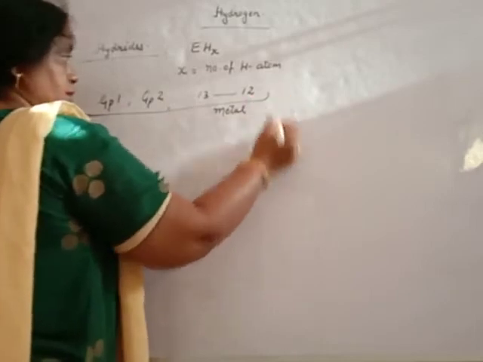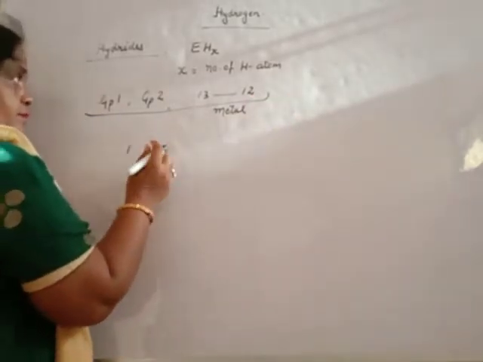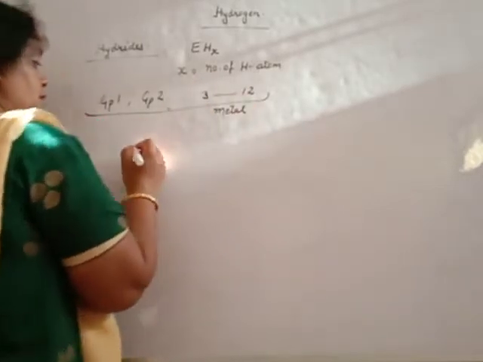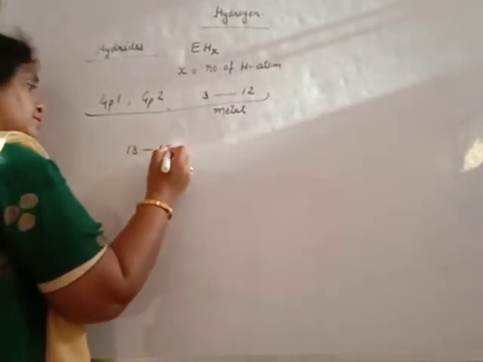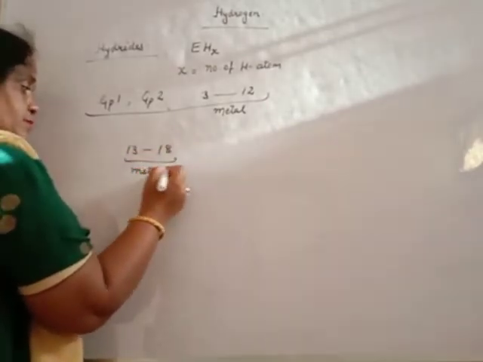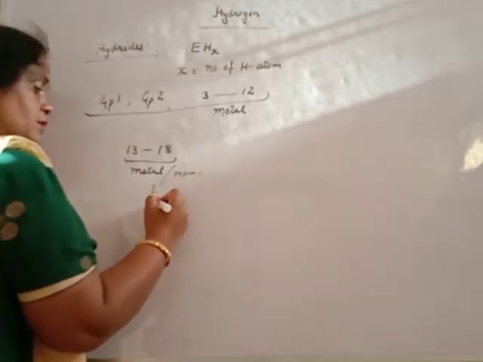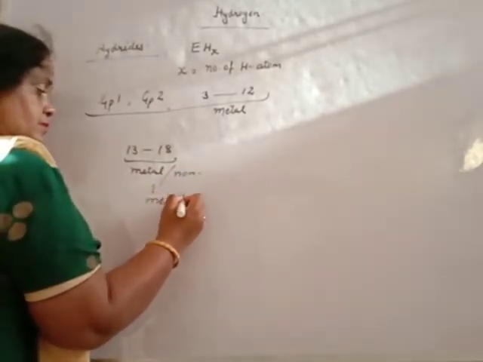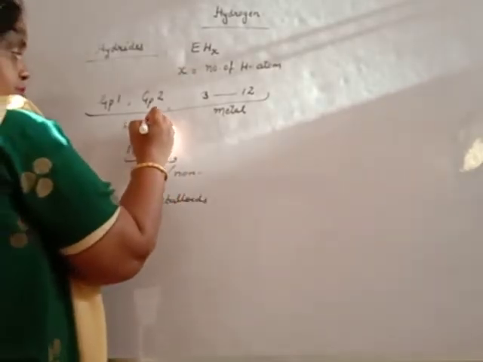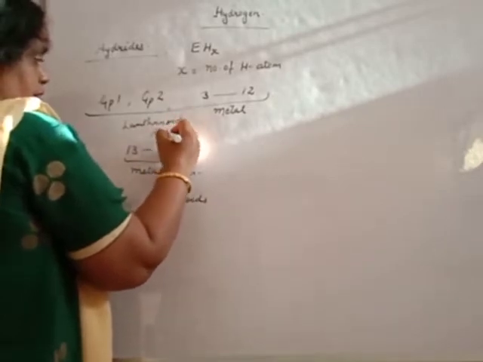All are metals. Beta, groups 13 to 18 consist of metals, non-metals and metalloids. All lanthanoids and actinoids are also metals.